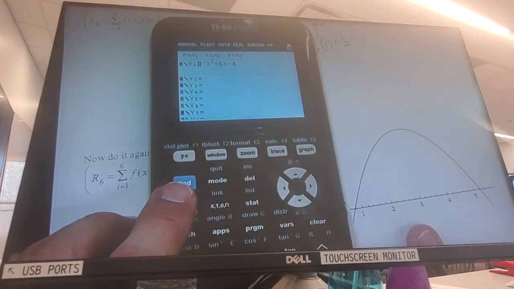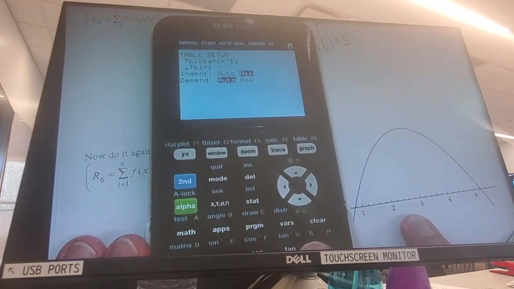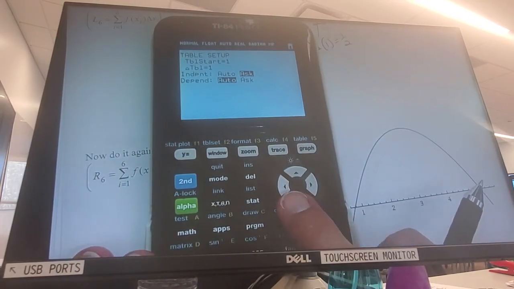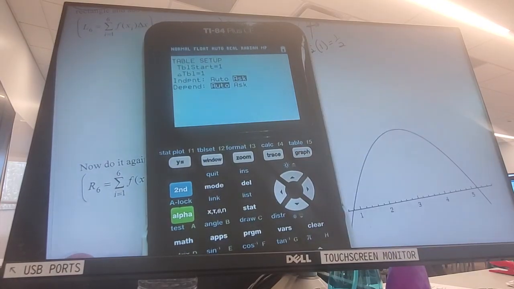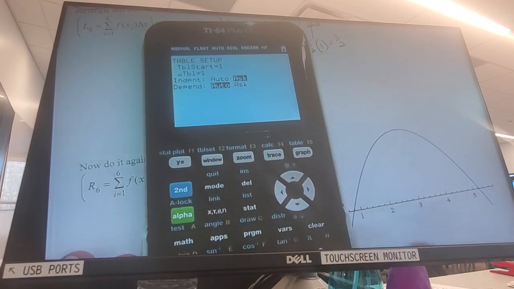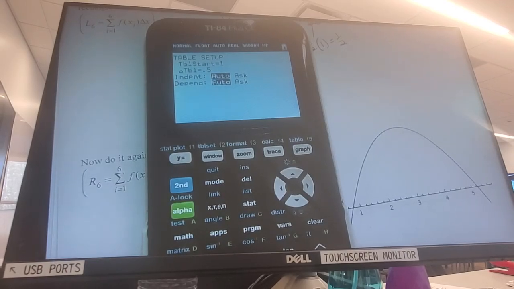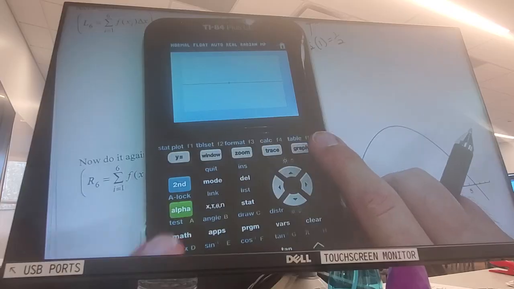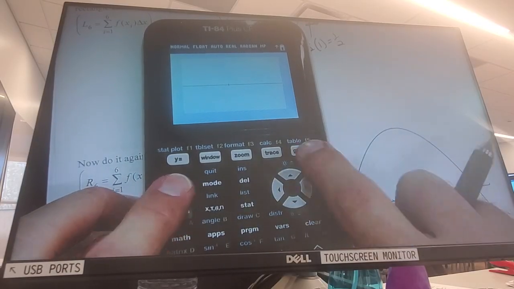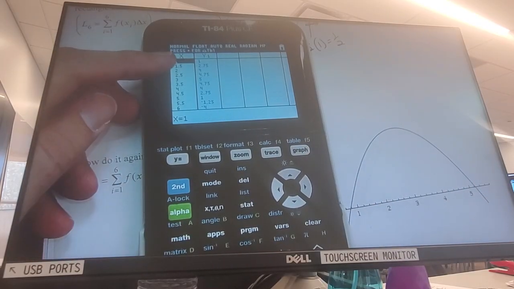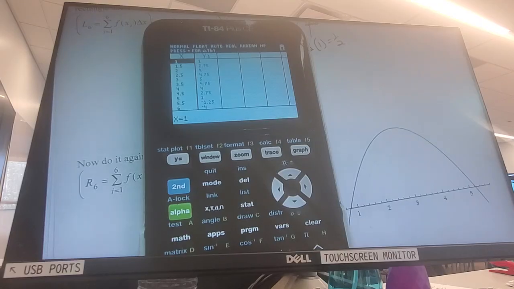You don't have to do this if you don't want to, but go to table set. I'm going to start it at 1 because that's where this starts, and I'm going to step by 1/2. I'm going to set this to auto. So now it's going to auto populate a table, not a graph, a table. It's going to give me all the outputs I want.